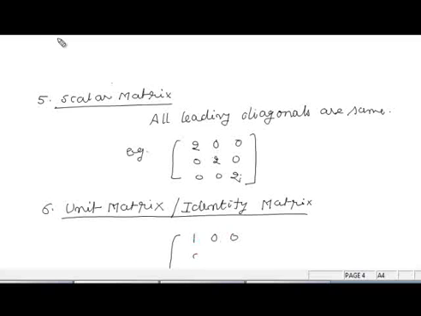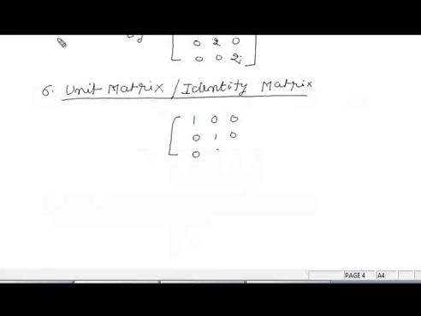In this, all the diagonal terms are 1 and it is represented by I. One thing to note here is, as if we multiply any number with 1, it doesn't change. Similar to that, if we multiply any matrix by I, then the matrix is going to remain the same.